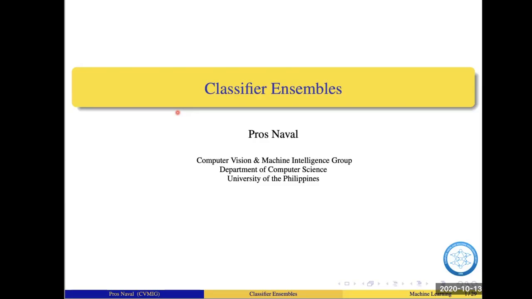classifiers has been around since the late 1970s, particularly when John Tukey of the Cooley-Tukey Fourier transform algorithm, the same person, Tukey there, described a combination of two regression or linear regression models.